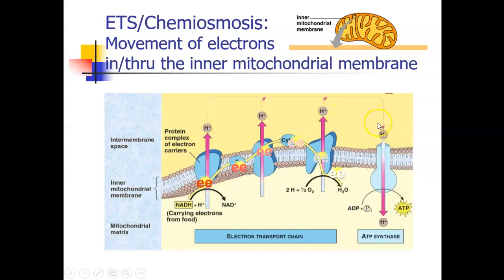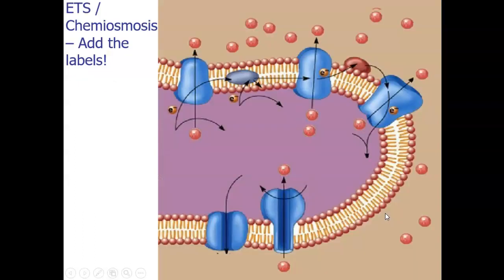Ultimately, those hydrogen ions are going to go, based on diffusion, down their concentration gradient through the only hole available, which is ATP synthetase, and in doing so, turn this crank to force that phosphate group onto ADP, producing ATP. It's called chemiosmosis because it's that ion moving down its concentration gradient.